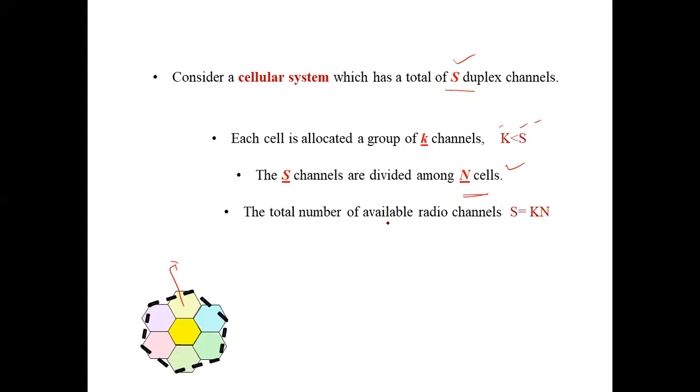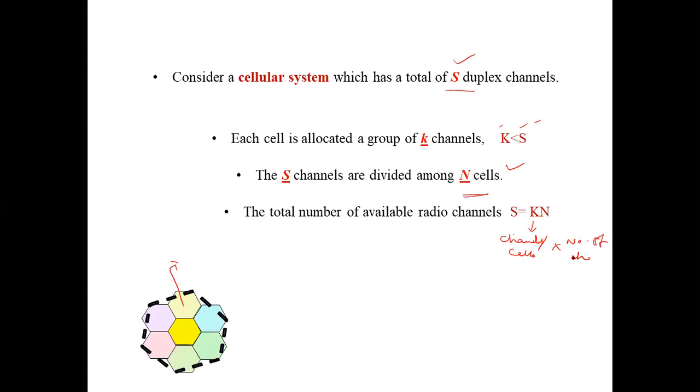So the total number of available radio channels equals K, the number of frequencies used in a cell, times the number of cells: channels per cell times number of cells.